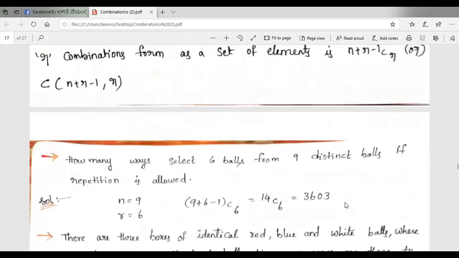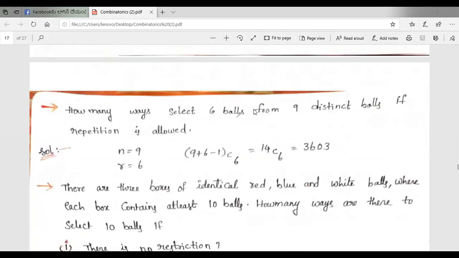Formula problem: how many ways can we select 6 balls from 9 distinct balls if repetition is allowed? Here the number of objects n is 9, and the number of combinations R is 6, so the set contains 6 balls.